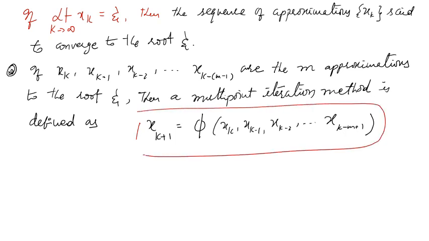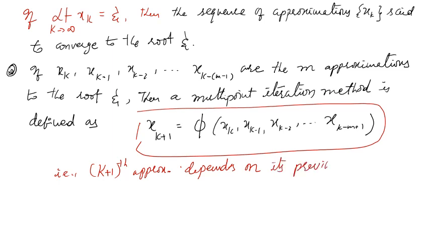What is the meaning of this multi-point iterative method? See, the k plus 1th approximation depends on its previous approximations.